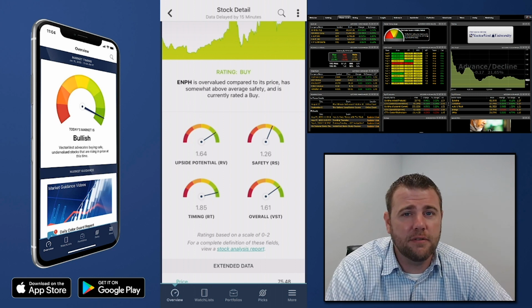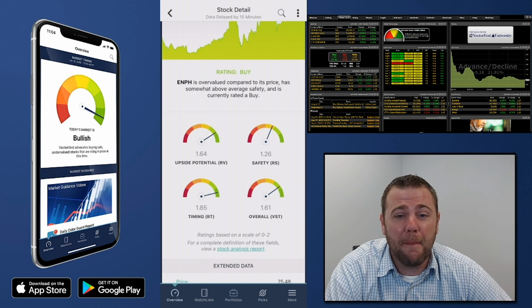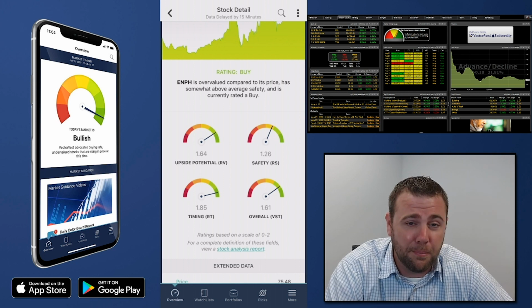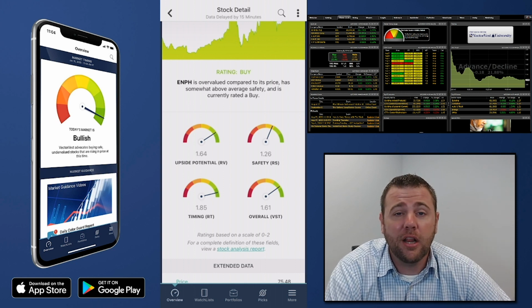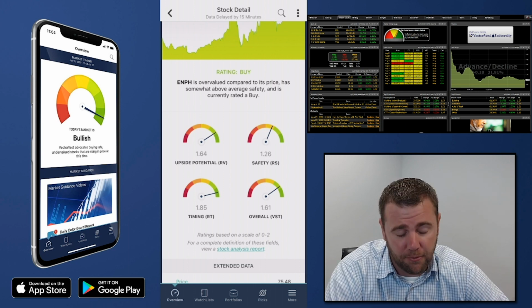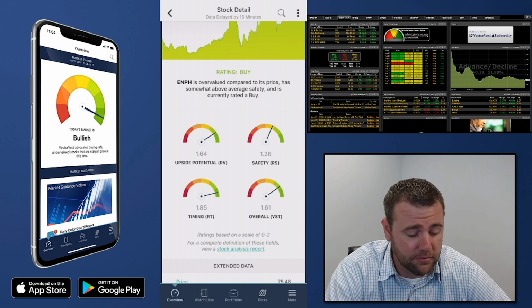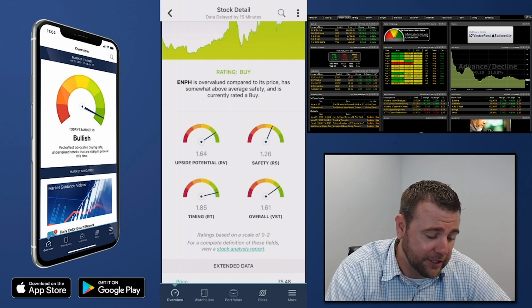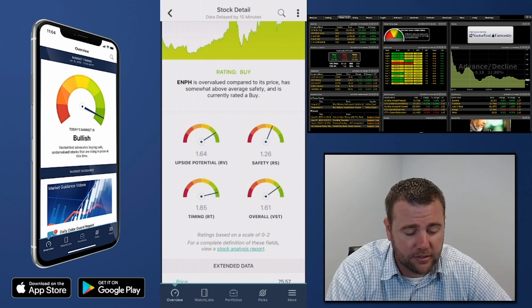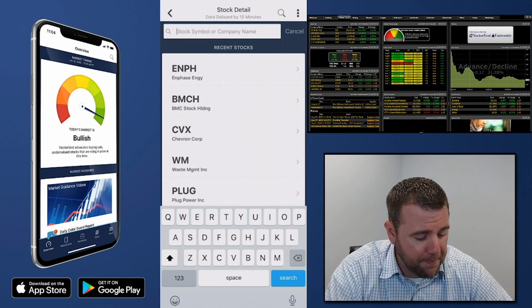VectorVest is the only service that I've ever seen, and I've used a lot of them, that looks at both and puts them into one simple to read indicator to give you clear, concise information you can actually use rather than just scads of data that you have to decipher on your own. So as we can see, the stock has great long-term potential, solid fundamentals, nice strong uptrend. So yeah, this stock's still favorable right now. Let's see what the next one is. PRPL.